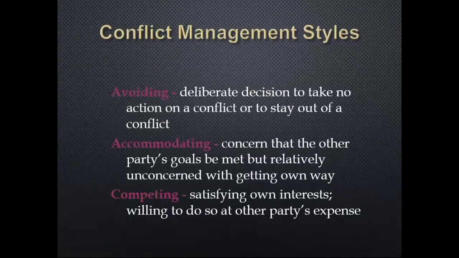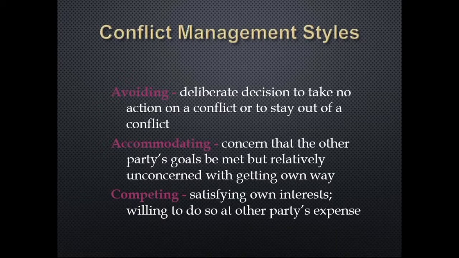We've talked about this already. Avoiding is the deliberate decision to take no action on the conflict or stay out of the conflict. Now, that's not always very effective. In fact, it has its merits and demerits anyway. But then we have accommodating, which is concerned that the other party's goal should be met, but relatively unconcerned with getting your own goal.